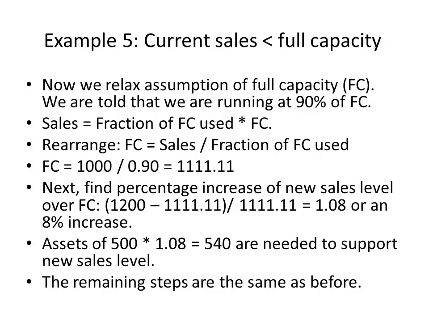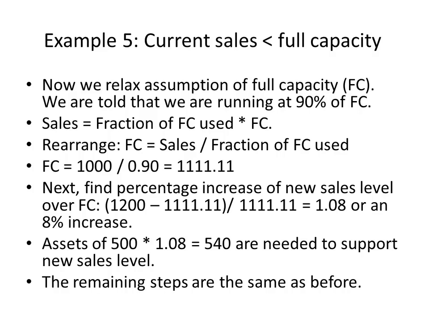We need to rearrange that equation to solve for full capacity. And we do a little algebra and find out that full capacity is equal to sales divided by the fraction of full capacity used. Our current sales number is 1,000, and we are using 90% of capacity.